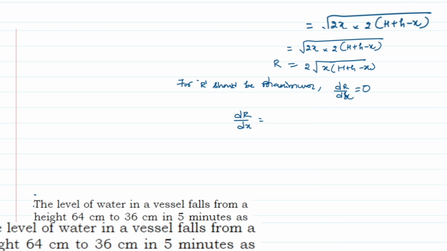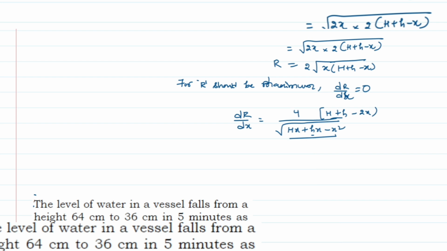Root x differentiation will be 1 by 2 root x. So you multiply by the function (H x plus h x minus x square). Again you have to do the differentiation of this function. This is H plus small h, dx by dx will be 1, minus d by dx of x square, which will be 2x.